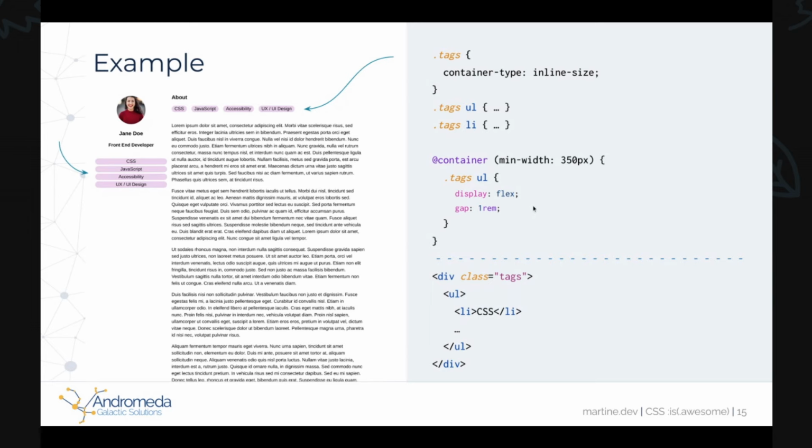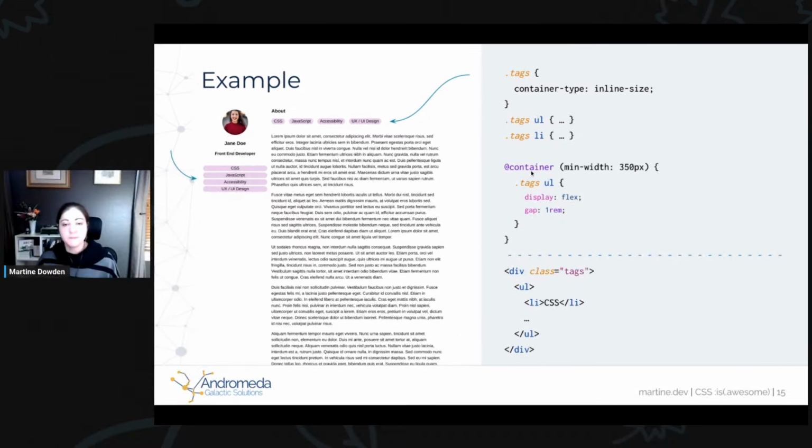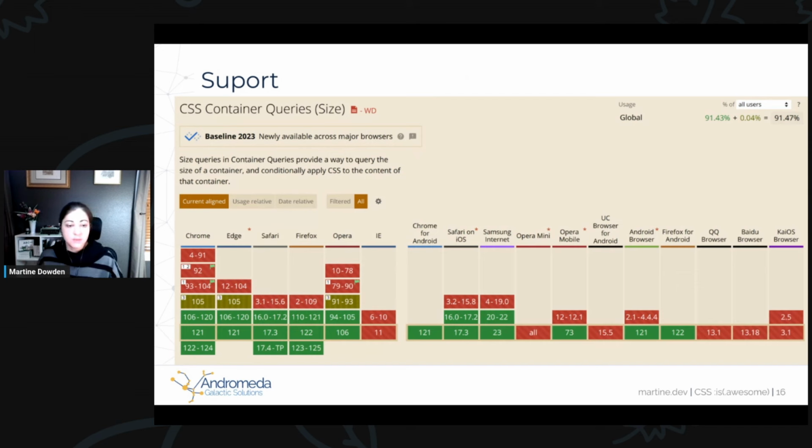So the container query aspect of it is very similar to a media query. You're going to do your min width, you're going to do your max width. All of those are available the same way as for a media query. The support on it is across the board. It even got a little badge on Can I Use, which was super cool, that says baseline 2023 newly available across major browsers.